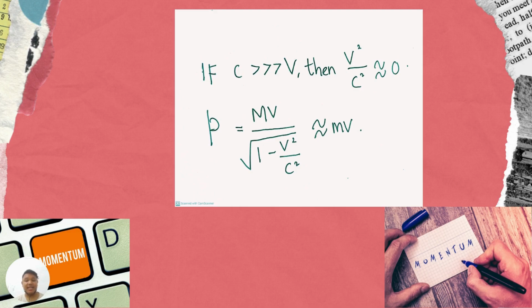This is exactly our linear momentum equation that describes the momentum of a macroscopic object moving with a very low velocity. So if the velocity is much smaller than c, we can use this equation. But if the velocity of our object is very high, then we must apply the relativistic momentum.